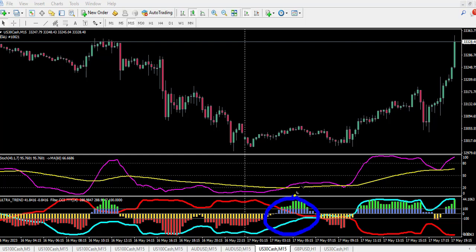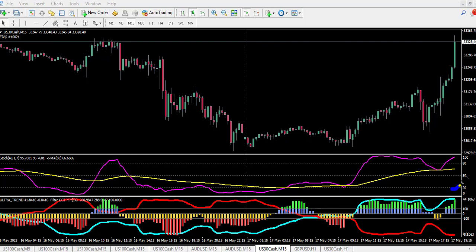Now, how do I use this particular indicator? One thing you need to note is this: all the indicators must be in agreement before you take any trade. Now let's analyze this particular US 30 together.